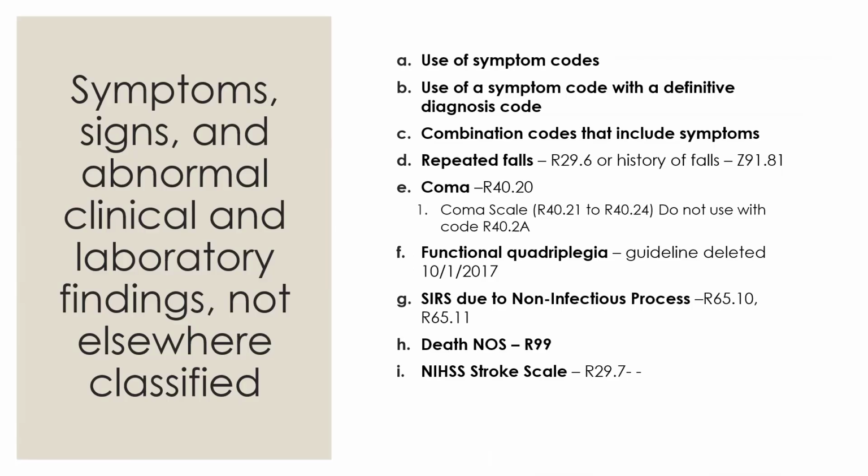When SIRS is documented with a non-infectious condition and no subsequent infection is documented, the code for the underlying condition, such as an injury, should be assigned, followed by code R65.10 for systemic inflammatory response syndrome, or SIRS, of non-infectious origin without acute organ dysfunction, or code R65.11 for systemic inflammatory response syndrome of non-infectious origin with acute organ dysfunction.